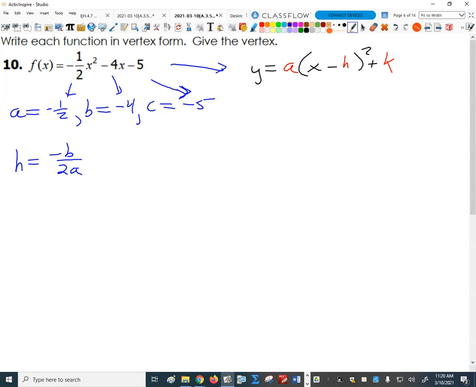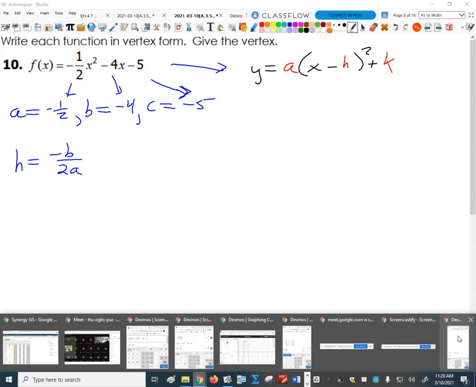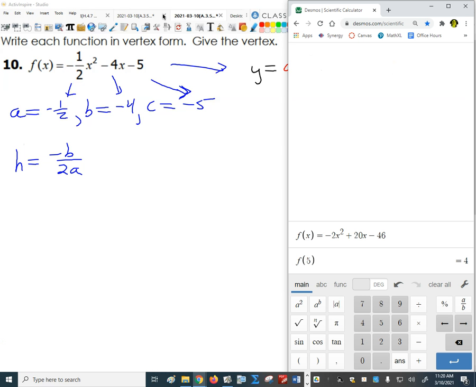We know our formula for calculating H, -B over 2A. And look, I can even do that in Desmos too, right? I'm going to be using Desmos anyway. I can start off by just calculating H. I could do H equals -B, and I'm going to highlight the whole thing and divide it by 2A.